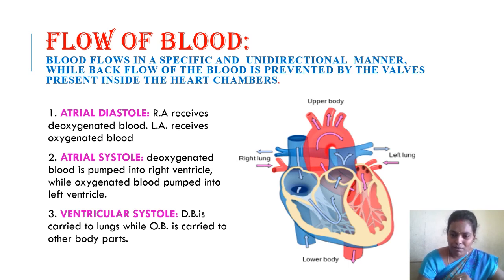Impure blood means the blood which contains carbon dioxide, that is deoxygenated blood. Pure blood means the blood which contains oxygen. It is also called oxygenated blood. Remember this. And let us start with the right auricle, how blood is received here.